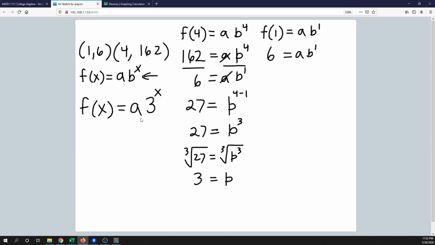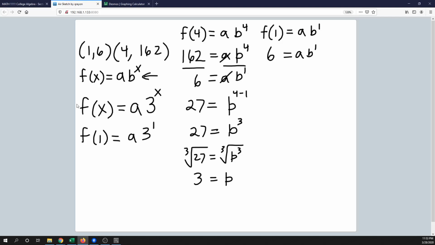So now the question is, how am I going to find the a? All you need to do is pick one of these points, plug the x value in for x, and then replace this side with the y value. You can use either of these two, but you're probably going to use this one because the numbers are smaller. So when I plug in a 1, I get a times 3 to the 1.